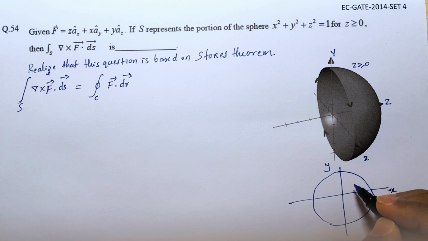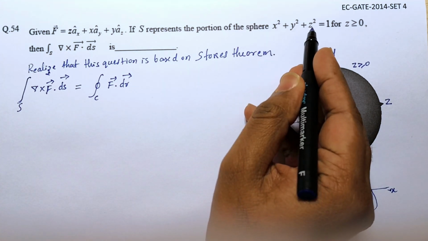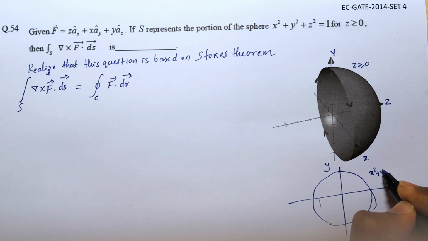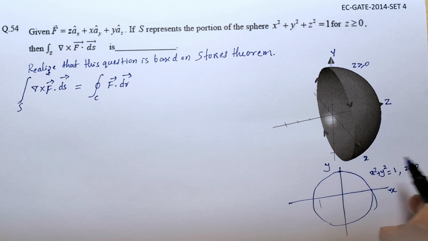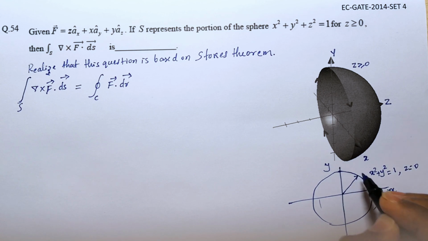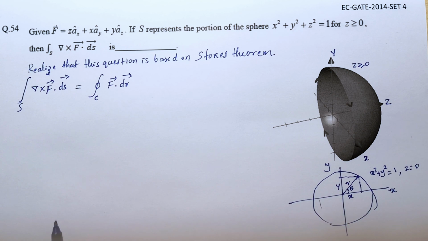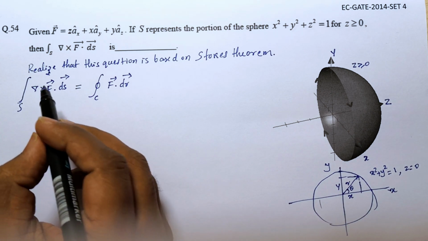From the given equation, we know that this circle is x squared plus y squared equal to 1, since z is equal to 0. So we have this vector here, let's call it r, with an x component and a y component, and this angle, let's say it's theta.